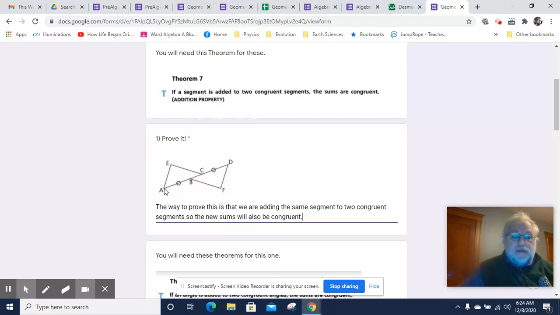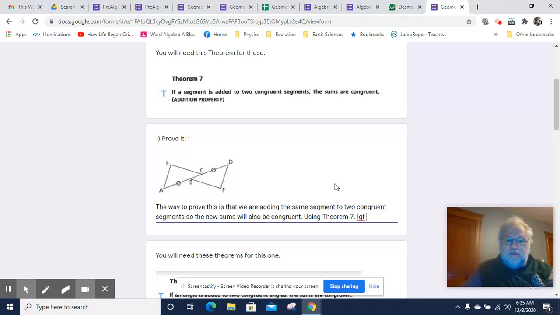So since AB is congruent to CD and we're adding the same thing to both of them, the new sum is the same. So using Theorem 7, which is the addition property, if a segment is added to two congruent segments, the sums are congruent.